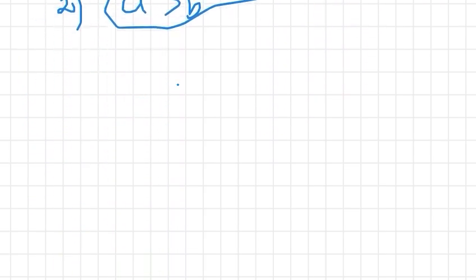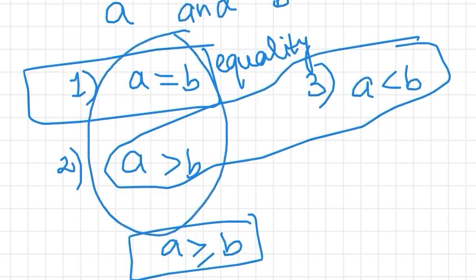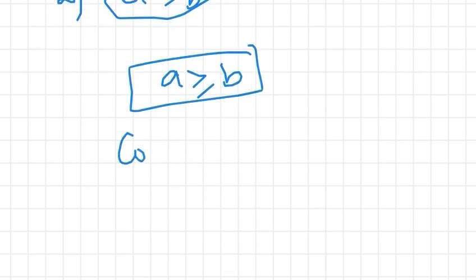So sometimes you might have seen A greater than or equal to B, correct? It's just that you are combining these two things to write as a single manner. So these are called compound inequalities. So how do we pronounce that?